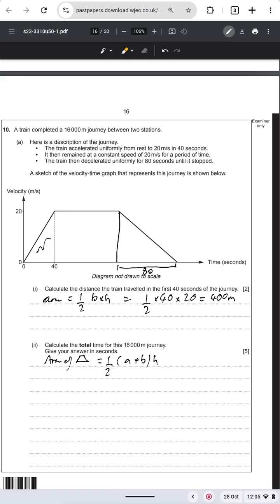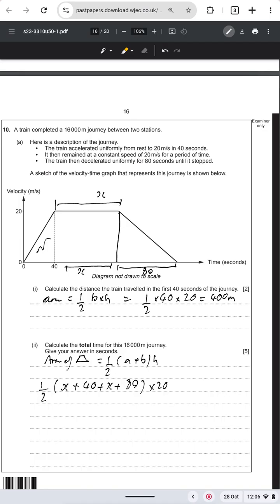So if we substitute this in, we got this distance here, which we don't know, which is x, which happens to be the same distance along the top. So we've got a half x plus this bottom part, which is 40 plus x plus 80, times the height, which is going to be 20.